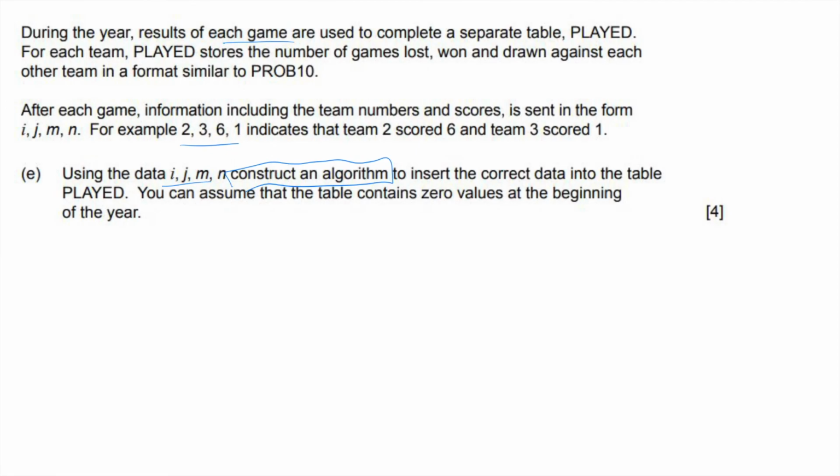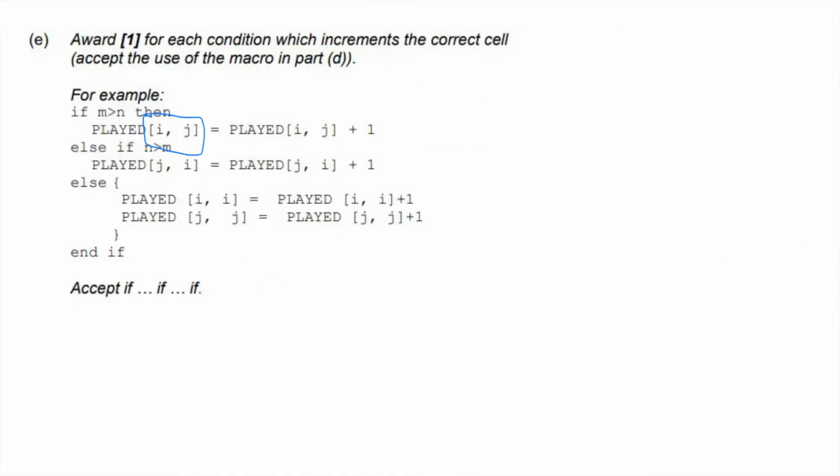So we have some sort of table played, a spreadsheet table, and we're inserting stuff into coordinates in played in this sort of format, which is really similar to a 2D array format.